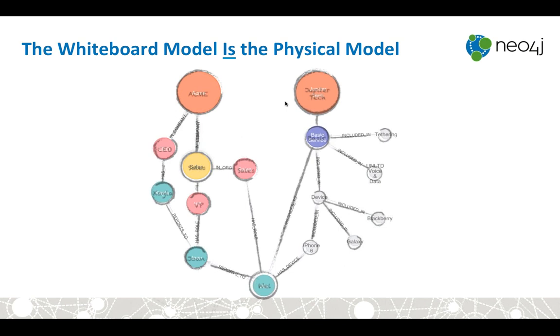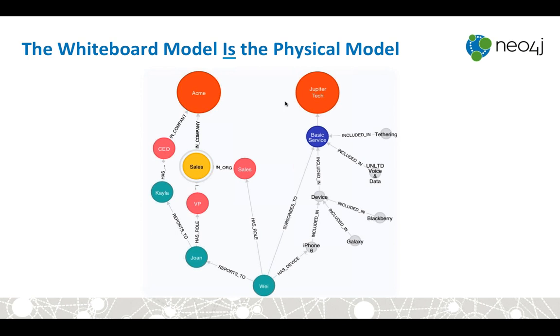Everyone understands these circles and lines, or nodes and relationships, because in most cases this conceptual model is also example-based. So you have Acme Tag and Jupiter Tag here, and your CEO and this and that person. Everyone can relate to this model. It's really easy to understand.